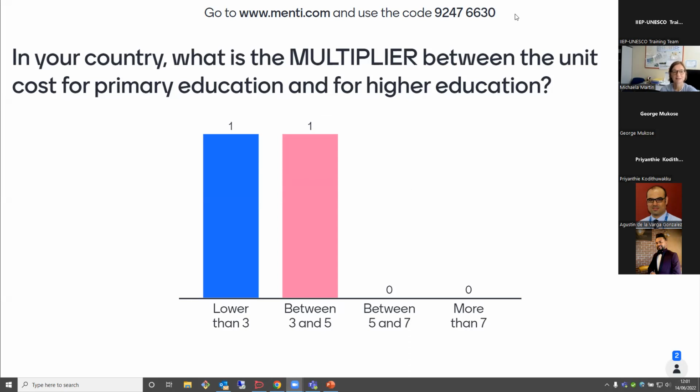So one says lower than 3, one says between 3 and 5. Okay, 3 people have replied. 2 said between 3 and 5. So we have some experts here in cost and finance.